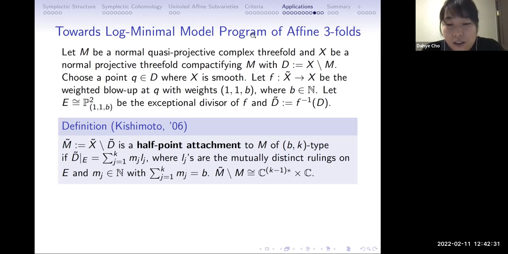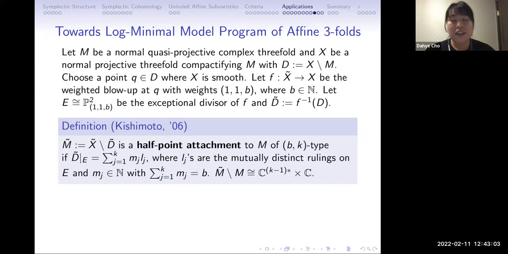Even though I cannot explain very precisely the meaning of our result in the minimal model program, I can explain some part of the log minimal model program of affine threefolds. So Kishimoto defined a half point attachment to an affine variety.